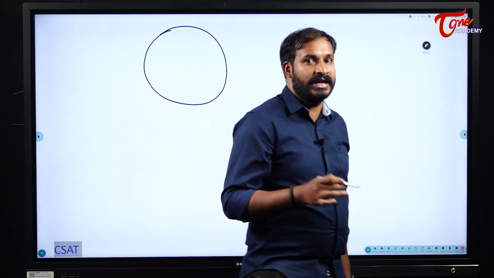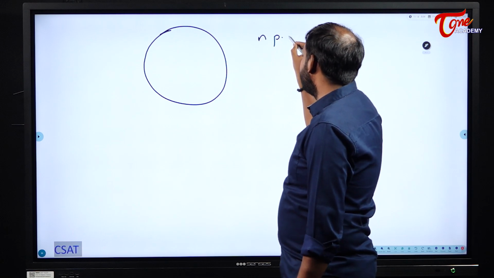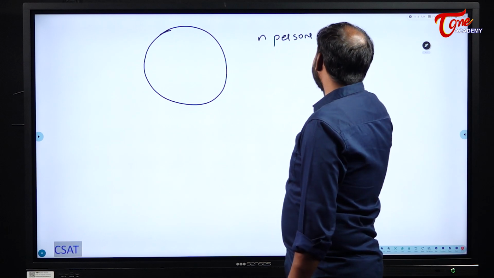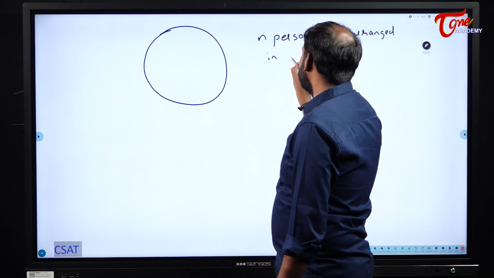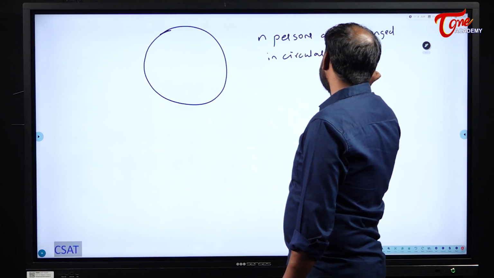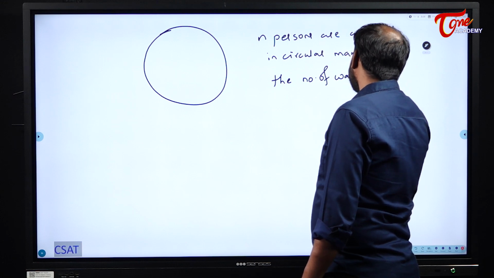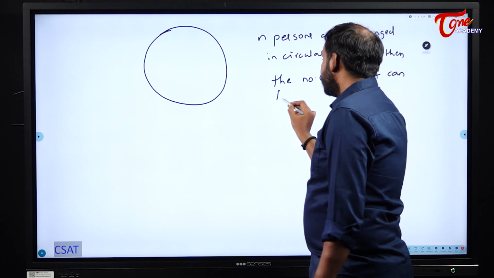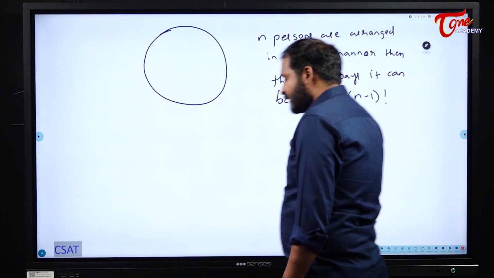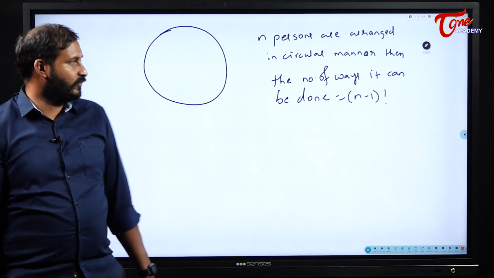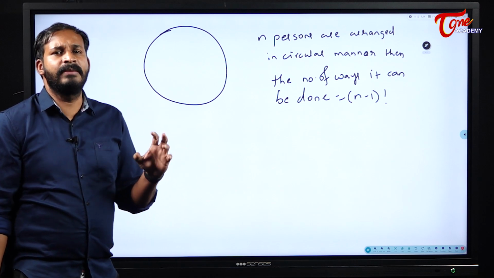If n persons are arranged in a circular manner, the number of ways it can be done is n minus 1 factorial. We can arrange n persons in a circle in n minus 1 factorial ways.